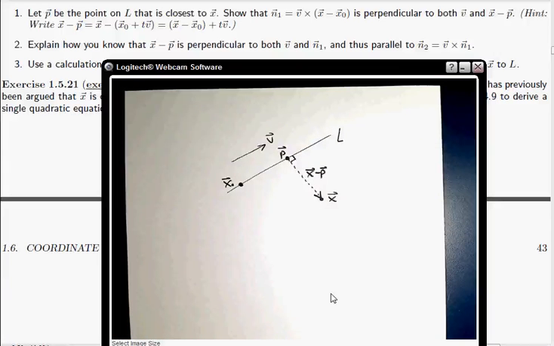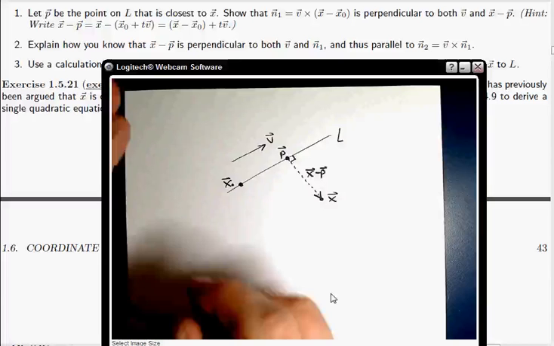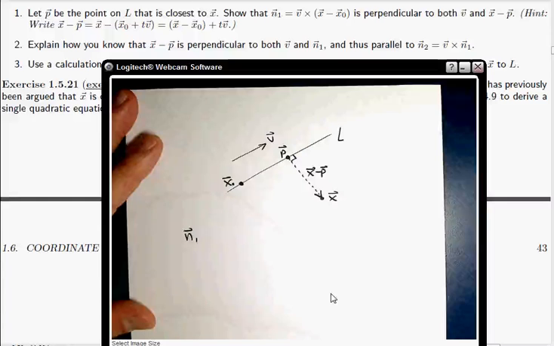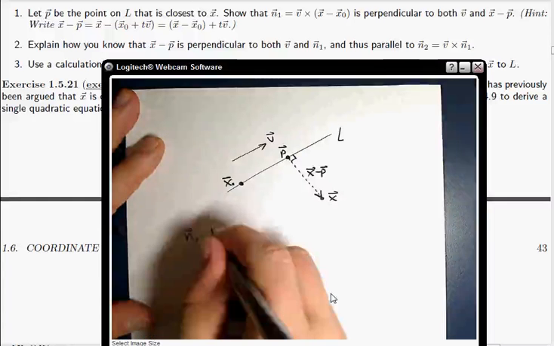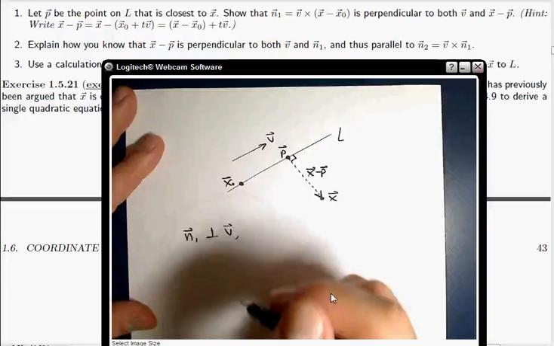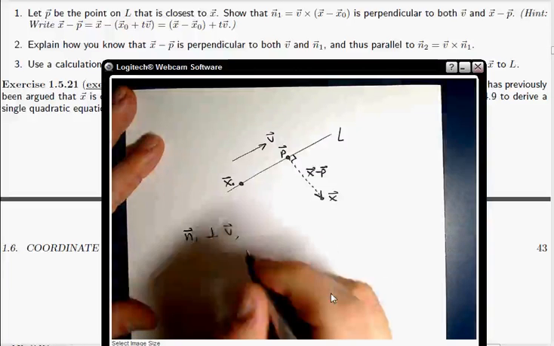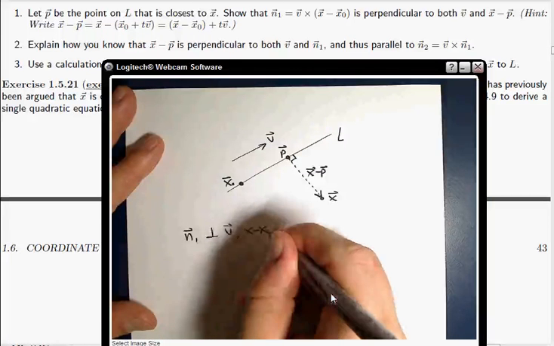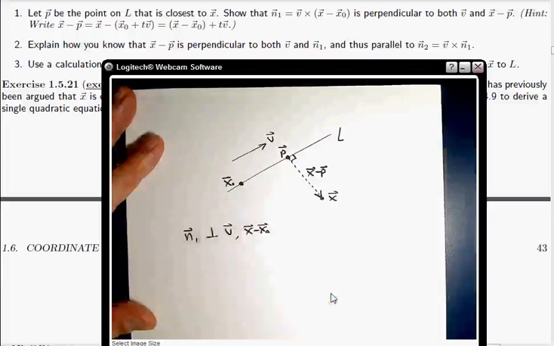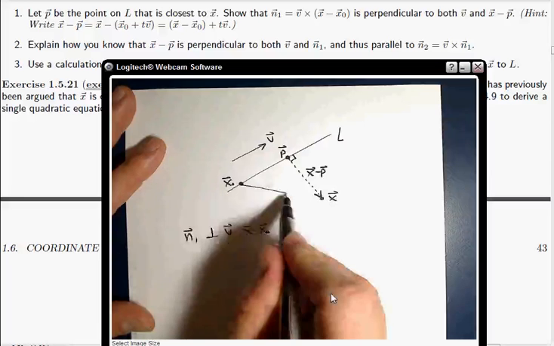Now what I know is that this N1 vector, that cross product, is clearly perpendicular to V and X minus X naught, because it's the cross product of those two things. In fact, X minus X naught is this vector.